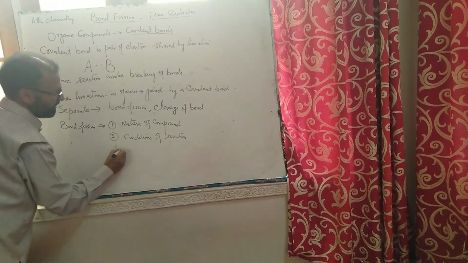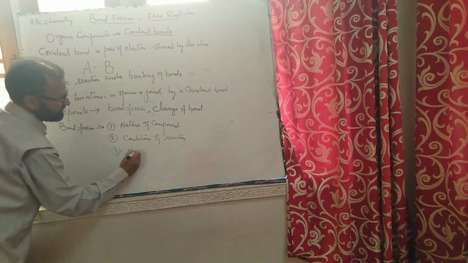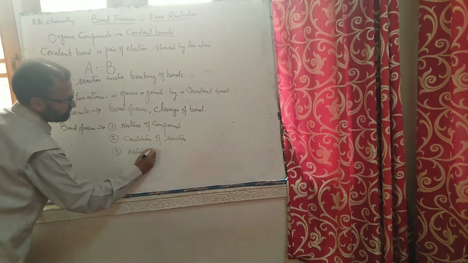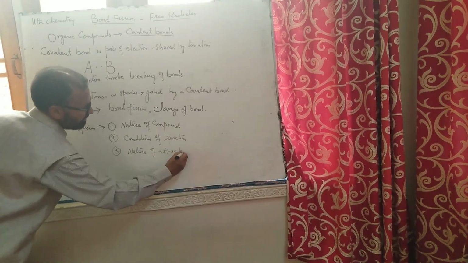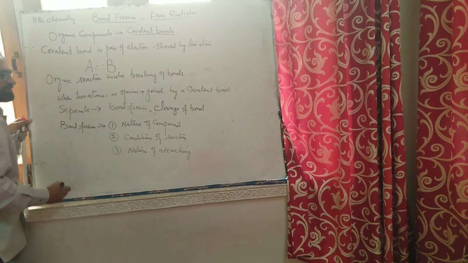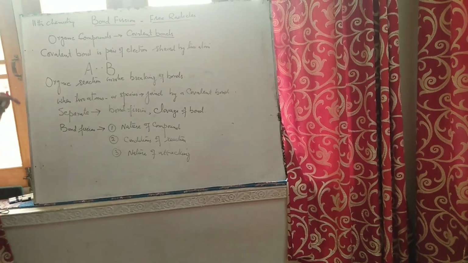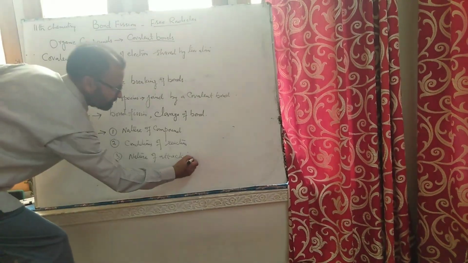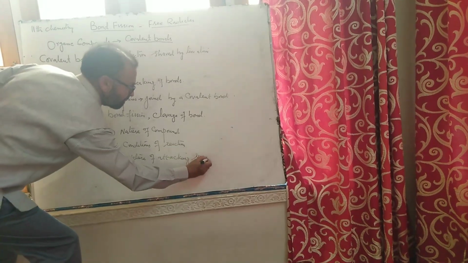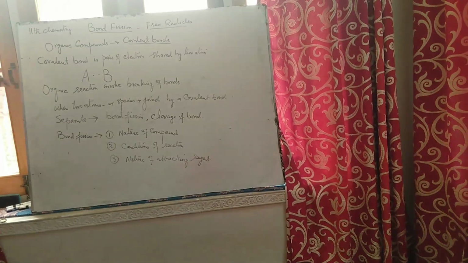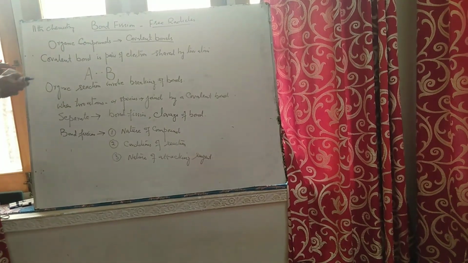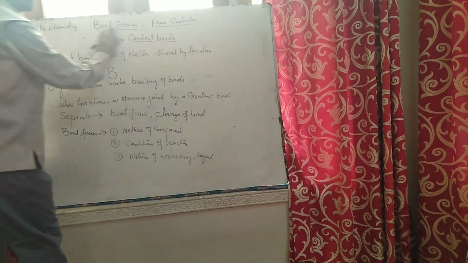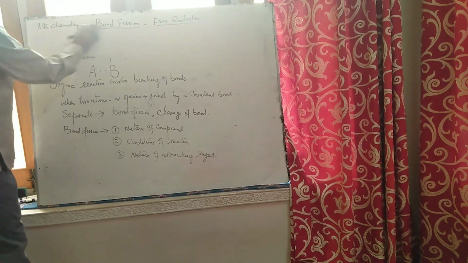Number three, the nature of the attacking reagent, because bond fission usually takes place when a reagent attacks the organic molecule. So the fission of bond is of different types. There are two types of bond fission. We will explain here.